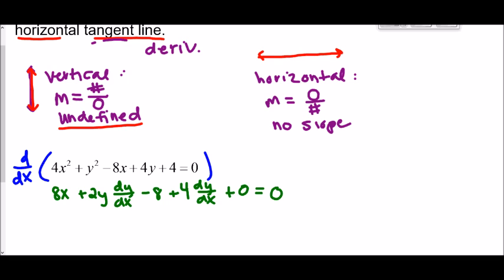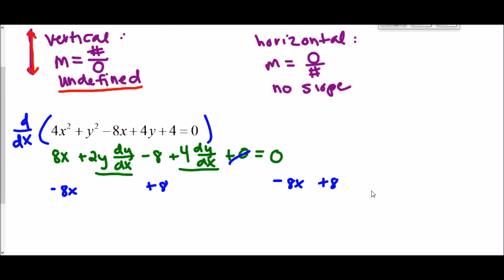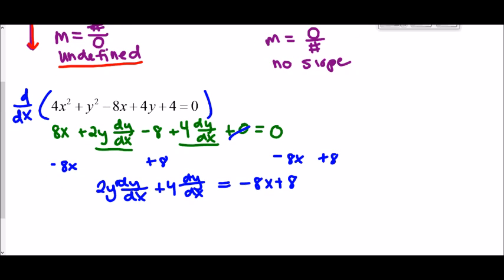So our next step is to combine things that we can combine and keep things with dy/dx and move everything else. So I'm going to subtract 8x from both sides. I'm going to add 8, 0, I don't have to worry about. So when I do this, I have 2y dy/dx plus 4 dy/dx equals, and I have negative 8x plus 8, because it was just 0 over there, so there was nothing to add those to.